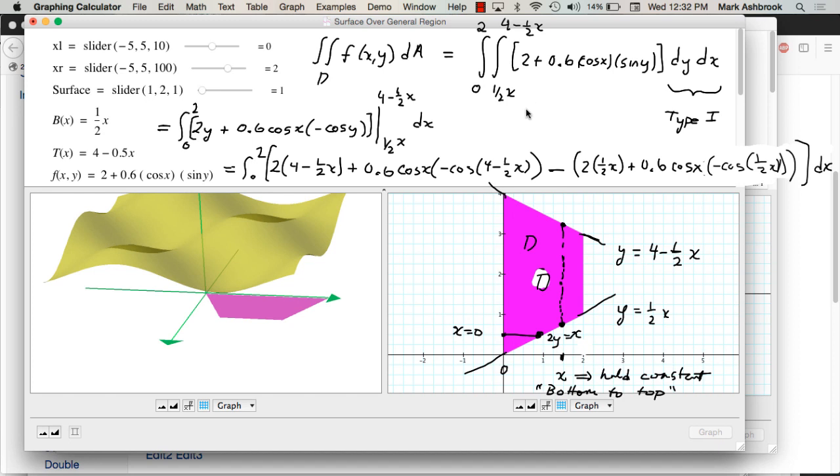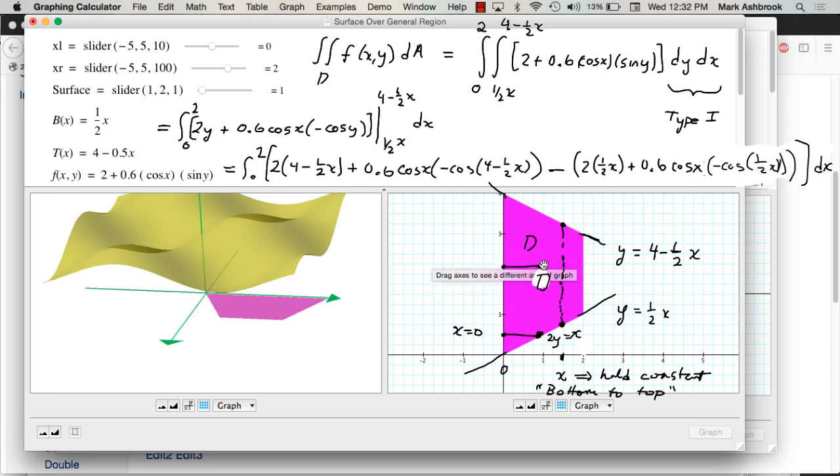And so we're going to have the integral from 0 to 2y, and then from what to what? From 0 to 4. Is that right? Why not? What happens as we go from 0 to 4? So you say I get to here, up to 2. What's going on at 2?